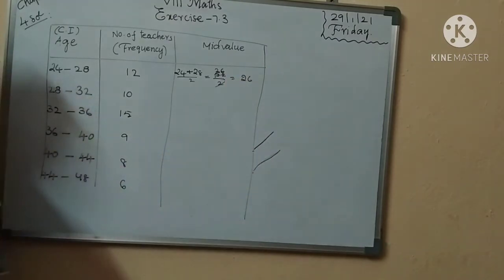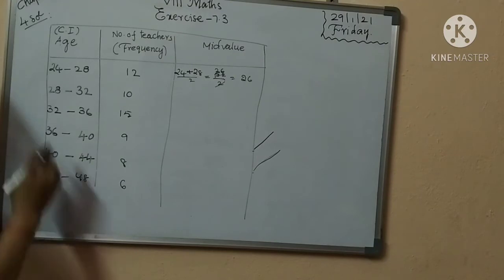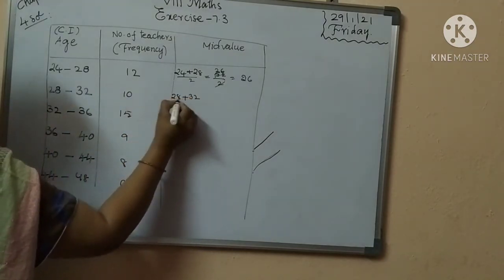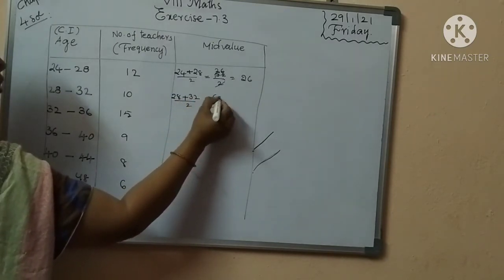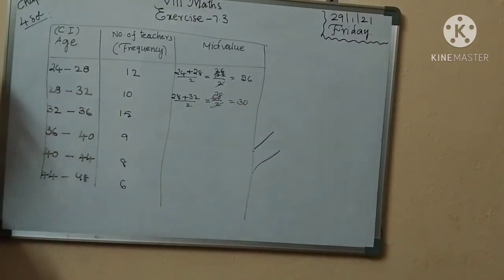The value is 26. Next, 28 plus 32 by 2, so 60 by 2. 3 2s are 6. The mid value is 30.